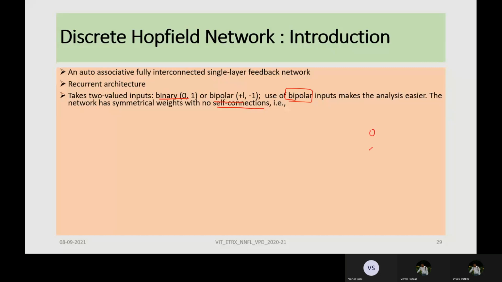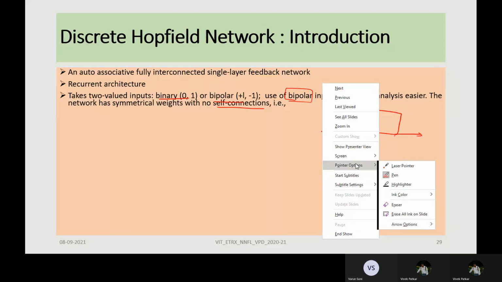Each neuron's output will be fed back as an input to all the other neurons, but not to itself. This first neuron's output will come as input to the other two but not its own. This connection won't be there. Is it clear? Yes, sir.